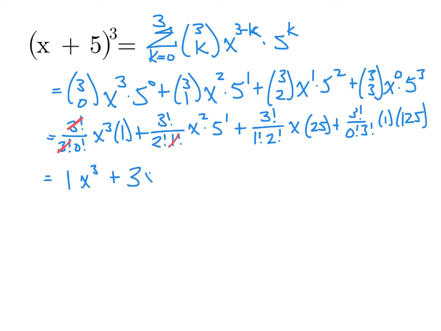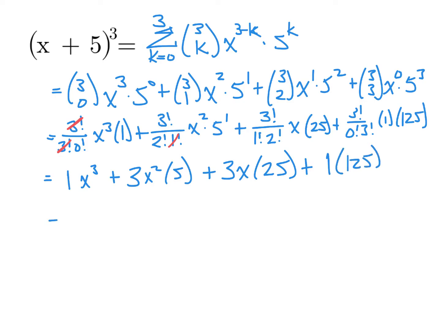And we'll have 3x squared times 5. In the next one, we have the same fraction, so our coefficient will still be 3, x times 25. And in the last term, the fraction is the same as what we began with, so we'll have 1 times 125. So we quickly clean everything up, and this expansion is x to the third plus 15x squared plus 75x plus 125.